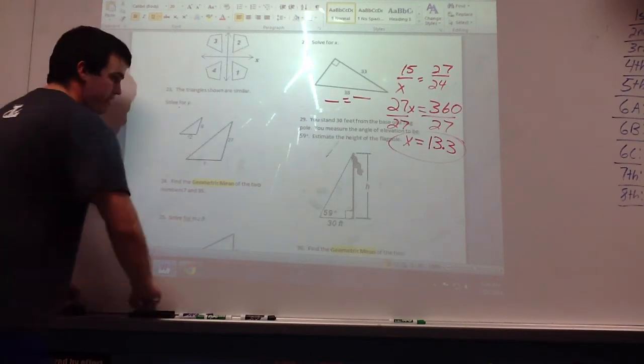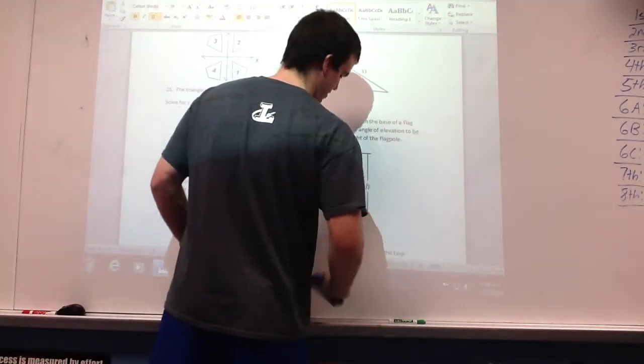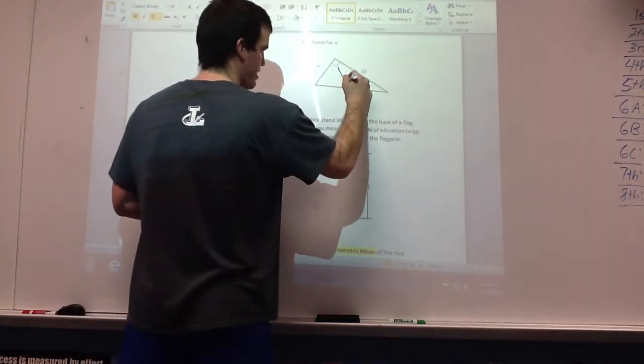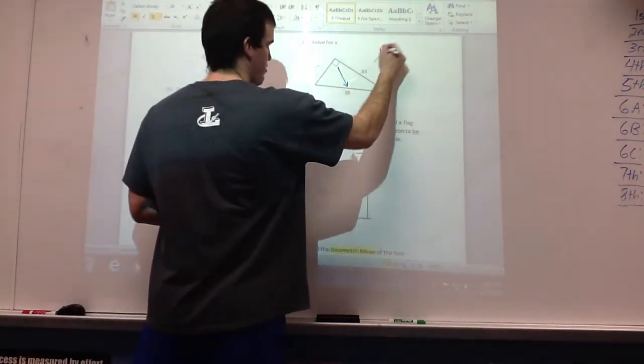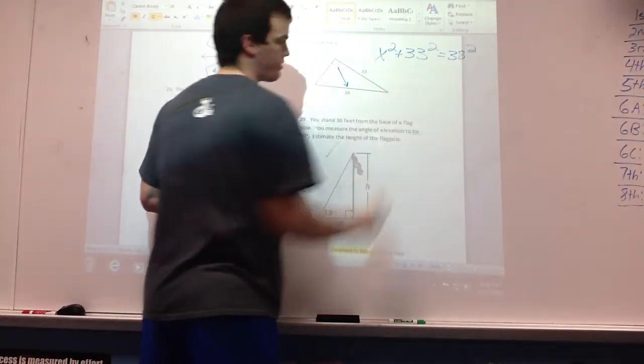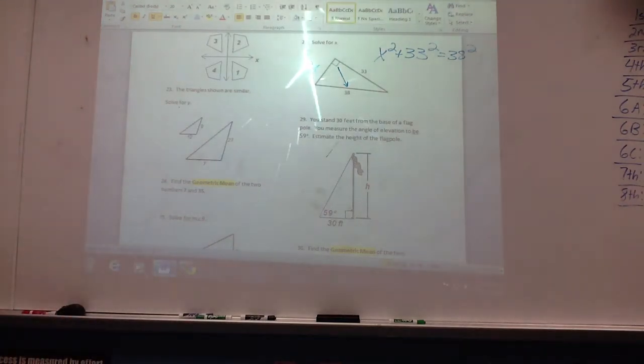For number 27, solve for x. Again, Pythagorean theorem. So there's my x. I have c squared, which is the hypotenuse, which is 38. So x squared plus 33 squared equals 38 squared. Now what you have to do is square both of those numbers. First, 33 squared is going to be 1089.